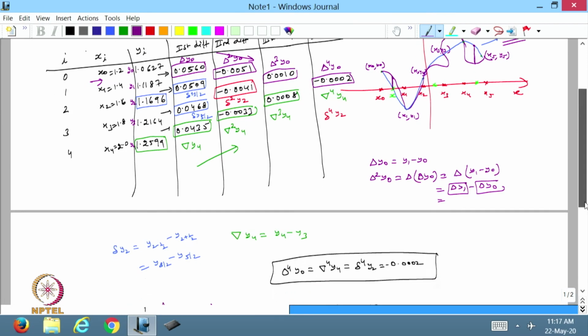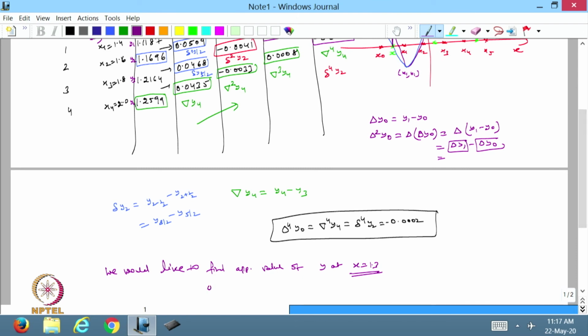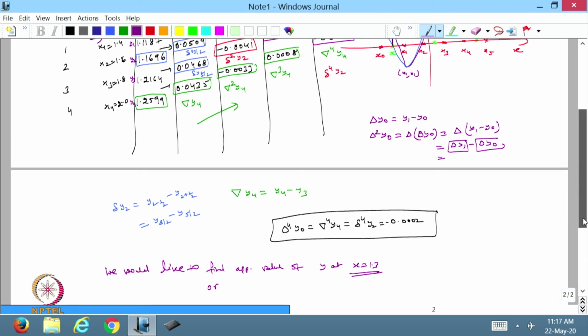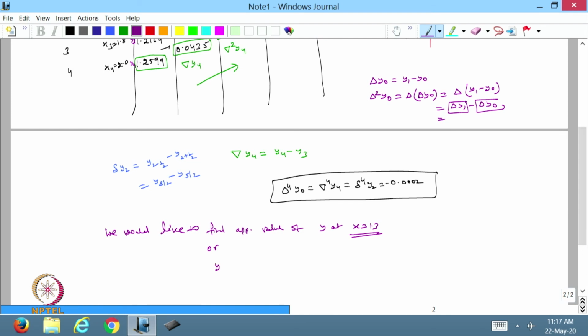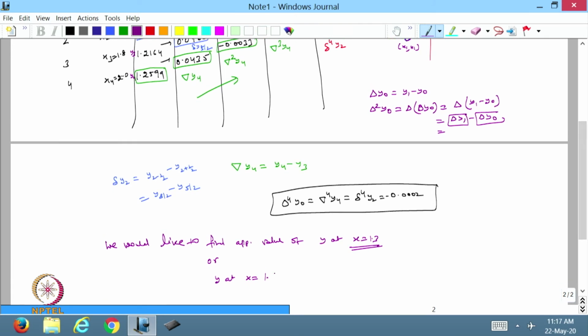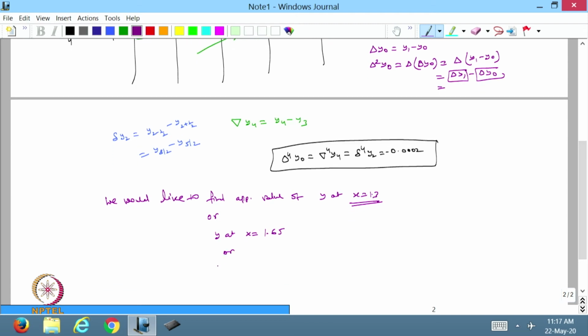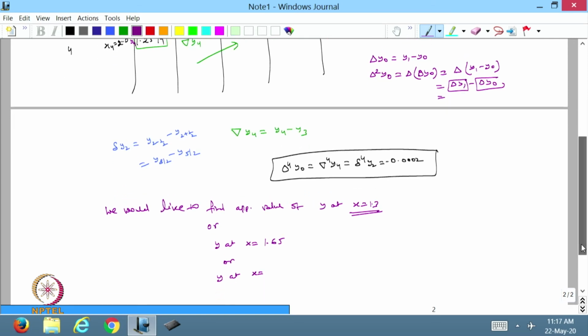Or in other words, I want to find the value of y at, maybe, 1.65, or I want to find the value of y at x equal to 1.97.